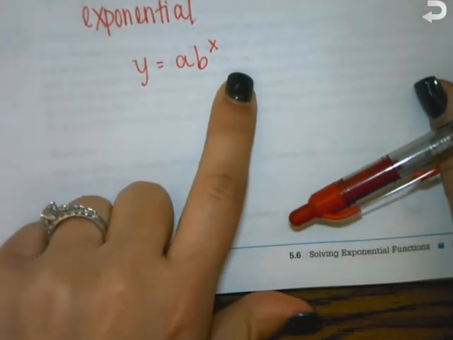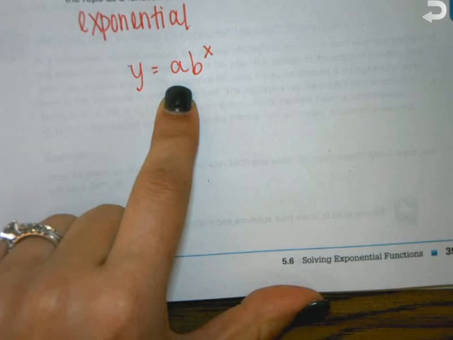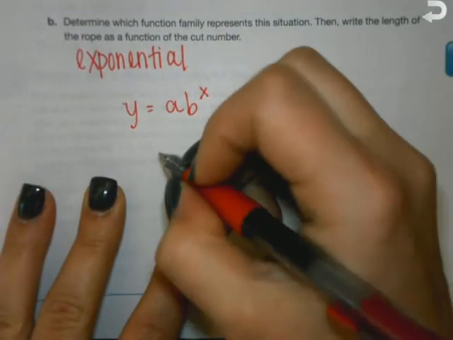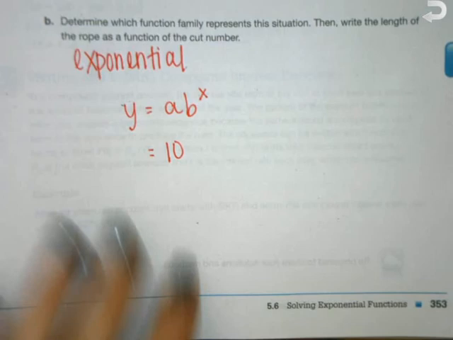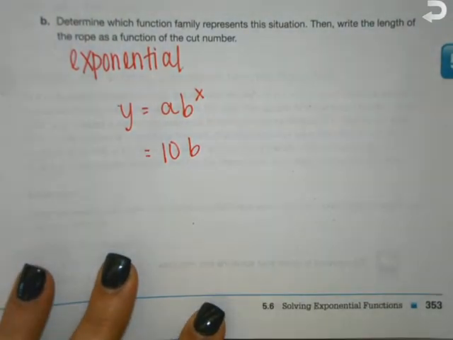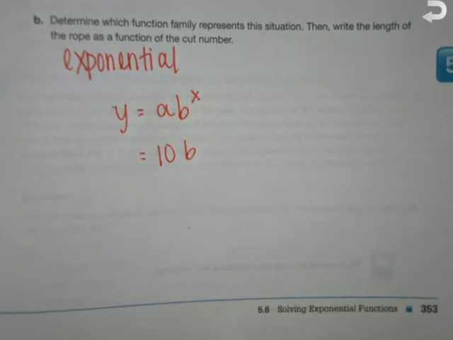A is your initial length. What's the initial length in this problem? 10. We don't know what B is. That's what we're going to solve for. Do I have an X and a Y that I could plug in? Yes. Yeah, I actually have a whole bunch of them.